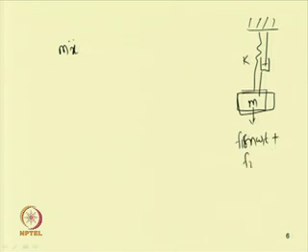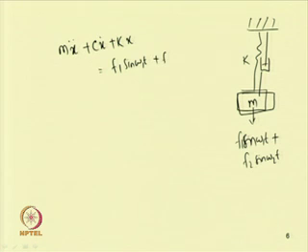Let us take this spring, this is the damper and this is the mass m, and let us apply a force F1 sin omega 1 t plus F2 sin omega 2 t. The equation of motion can be written as m x double dot plus c x dot plus k x equal to F1 sin omega 1 t plus F2 sin omega 2 t.